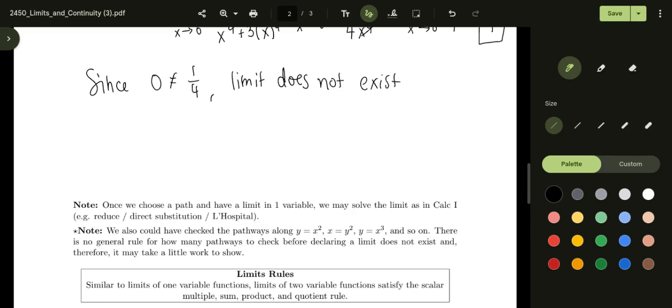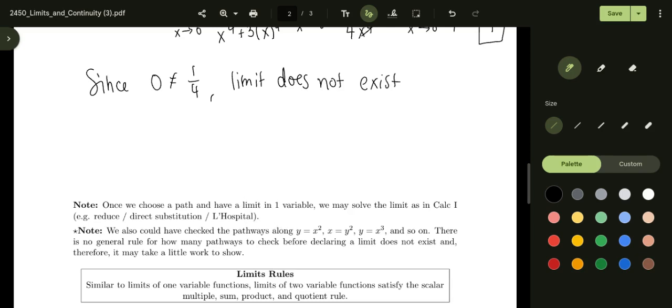Also, I wanted to point out that once we did choose a path and we had a limit in one variable, we can solve using any of the Calc 1 tools and strategies that we had learned. So we could reduce, we could use direct substitution, we could use factoring, we could use multiplying by 1 using conjugates, we could use L'Hopital's rule.